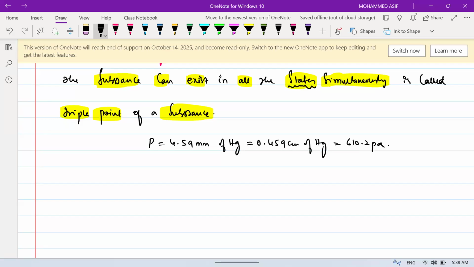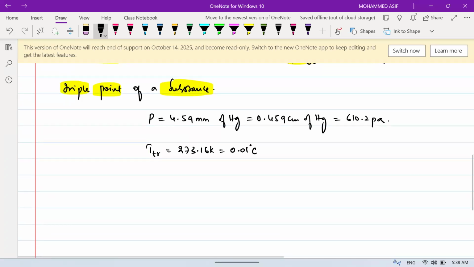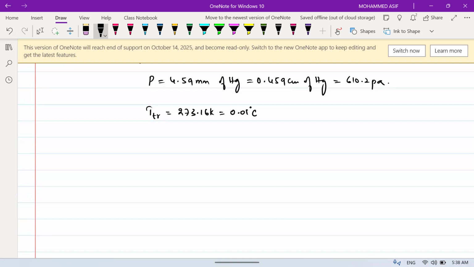So this is the pressure at which solid, liquid and gases can exist. And the triple point temperature of the substance is 273.16 Kelvin, which we call 0.01 degrees Celsius. So for calculation purposes, we take approximately 0. Am I clear?